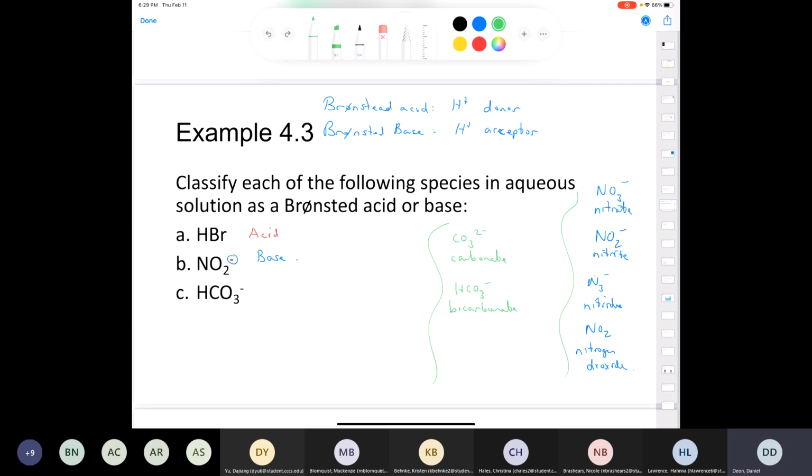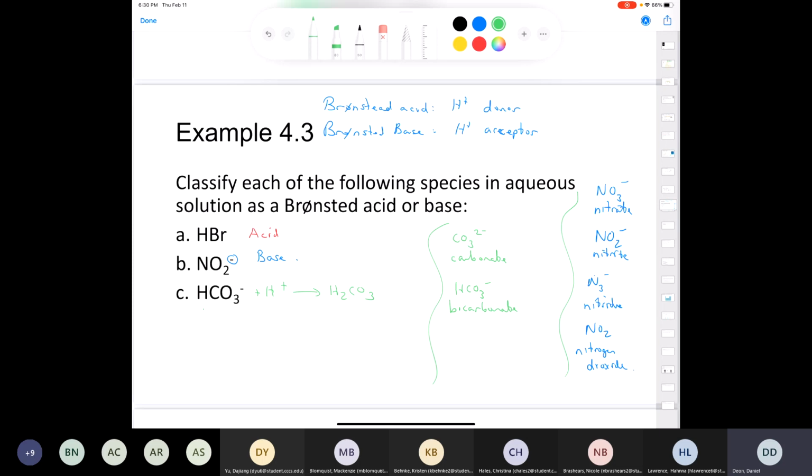Now, what about bicarbonate? Would that be a Bronsted acid or a Bronsted base? Yeah, Christina, I agree with you, and Anthony, I agree with you, that it could accept a proton for sure. It could accept a proton to become H2CO3, carbonic acid.